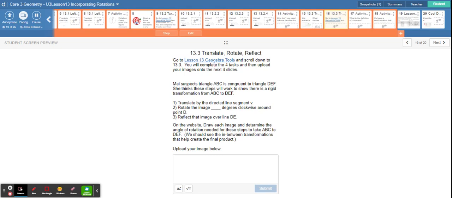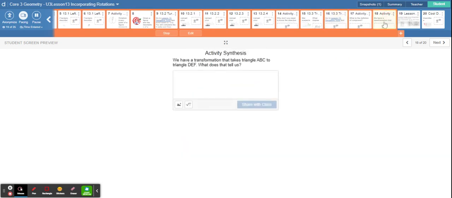So what we discovered was that because we were able to come up with a translation, then a rotation of 120 degrees, then a reflection, and the triangles landed on top of each other, we determined that that makes triangle ABC and triangle DEF congruent to each other. If I can figure out a set of transformations that brings one triangle on top of the other triangle, then the two triangles are congruent.